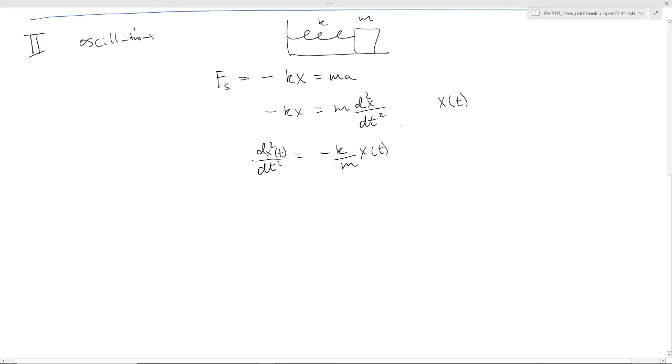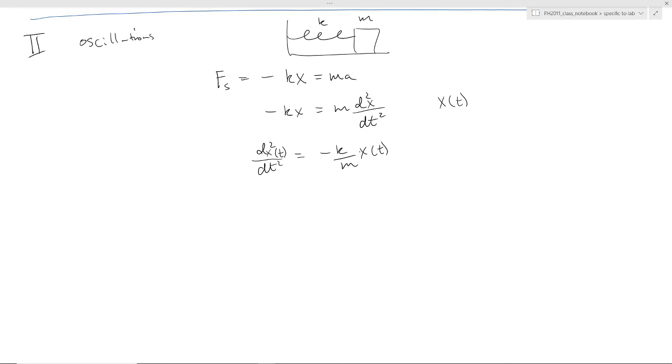Basically, we have an equation that contains a function and its second derivative. This is a differential equation. And we're going to solve this, or look at the solution to this, how a physicist often solves a differential equation, by checking and verifying that a solution fulfills the equation.